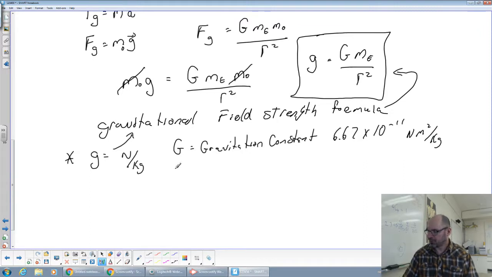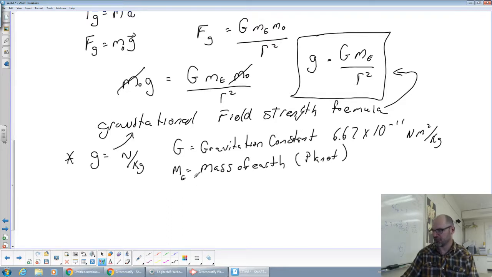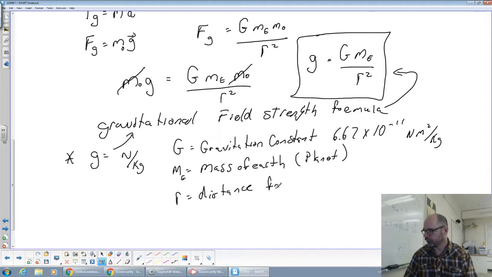Okay, m is the mass of the Earth. Okay, it could be a planet if you're talking about a different planet, or the sun, or if you're talking about the moon. Okay, but traditionally it's the Earth if we're talking about the Earth. And r is the distance from the center. Okay, so that's basically the gravitational field strength formula.